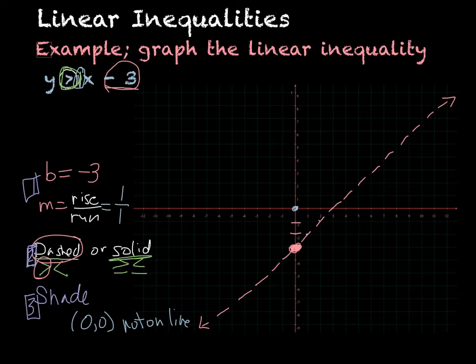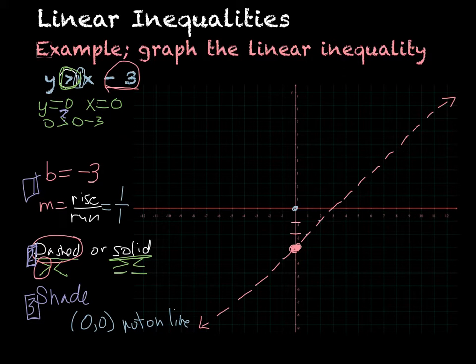And then we put it in. So y equals 0 and x equals 0. We're just going to put the point in. So 0 is greater than 0 minus 3. Is this a true statement? It's a question mark there.